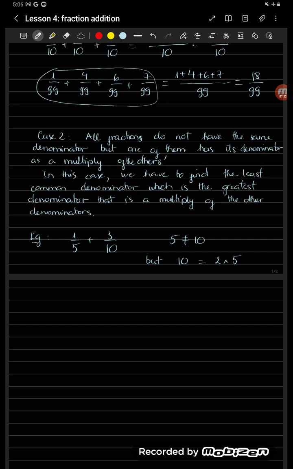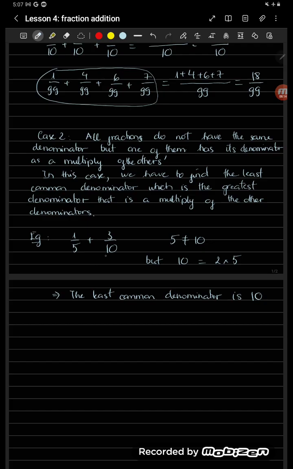Based on what we just said above, the least common denominator is 10, because 10 is a multiple of 5, and 10 is the greatest denominator compared with 5. So the least common denominator is 10. We can only add fractions together if they have the same denominator.